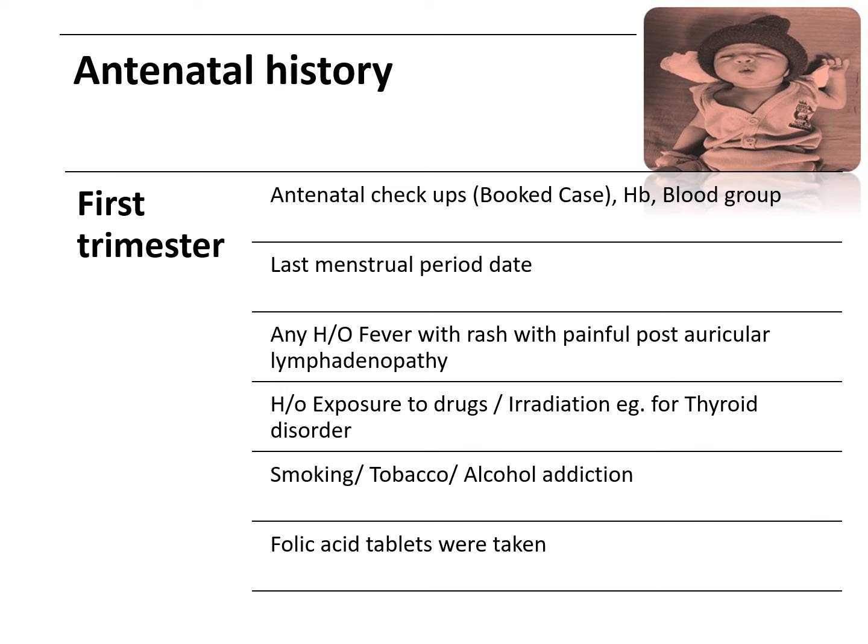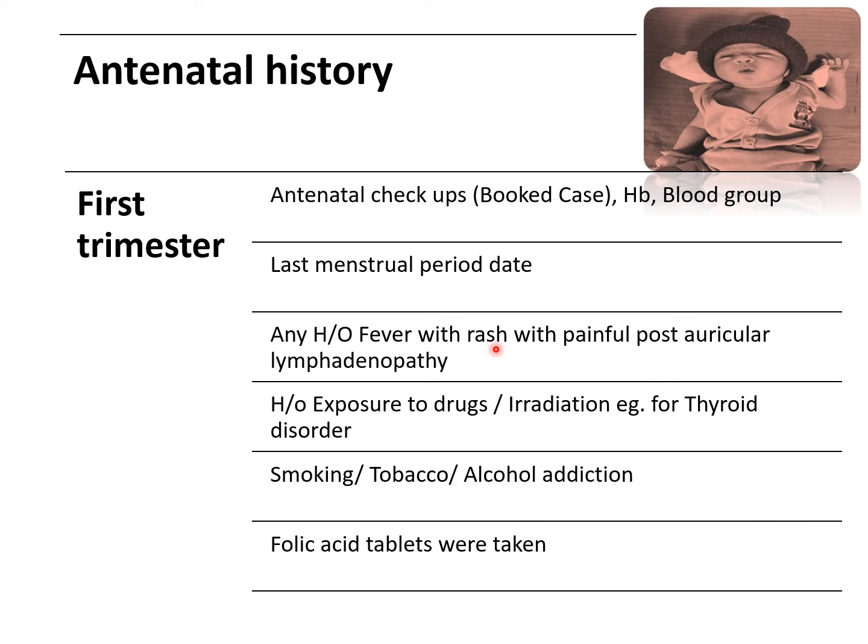After the obstetric history, we have to write down the antenatal history. We can divide the antenatal history into first, second, and third trimester. So in first trimester, we have to write down last menstrual period, antenatal checkups were done or not, then hemoglobin and blood group of the mother, any history of fever and rashes and any post-auricular lymphadenopathy during the first trimester because it suggests the TORCH group of infection.